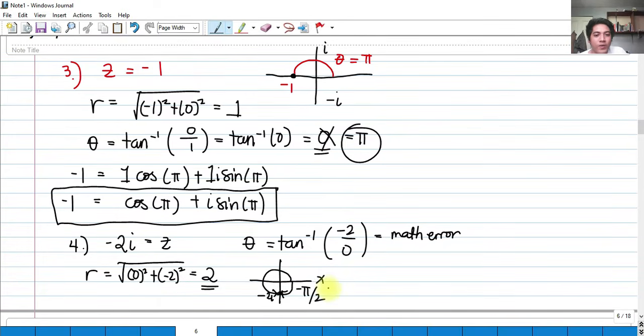Okay? So we can also measure it from the positive axis, and that would be 3 pi over 2. But let's get this, negative pi over 2.